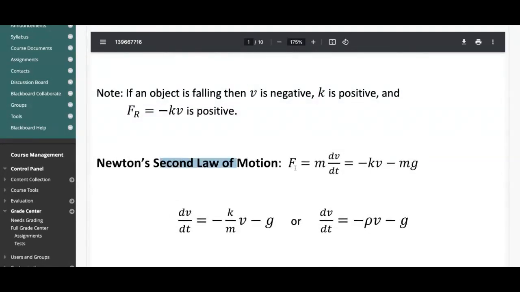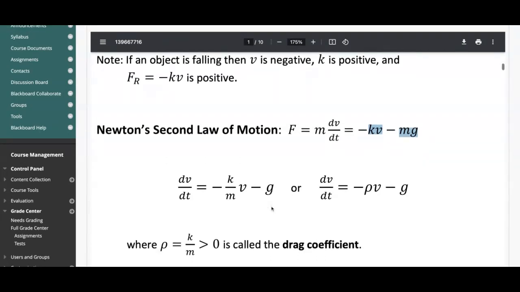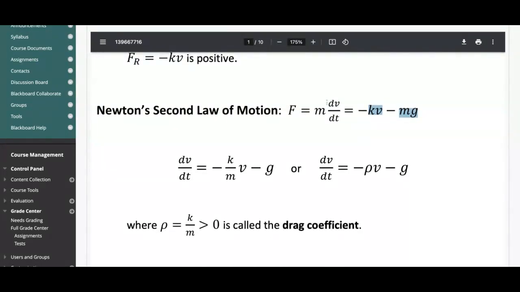Newton's second law of motion: force equals mass times dv over dt. It can be described in this way, negative kv minus mg. If we rewrite this equation, we get dv/dt equals negative kv divided by m minus g.